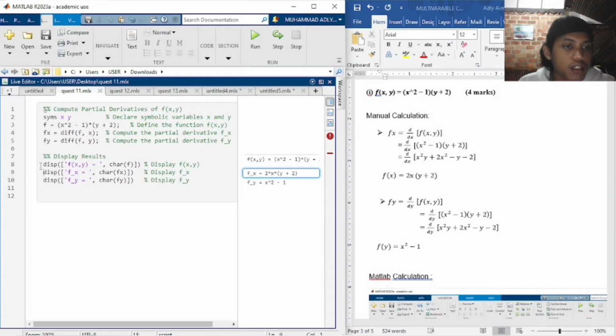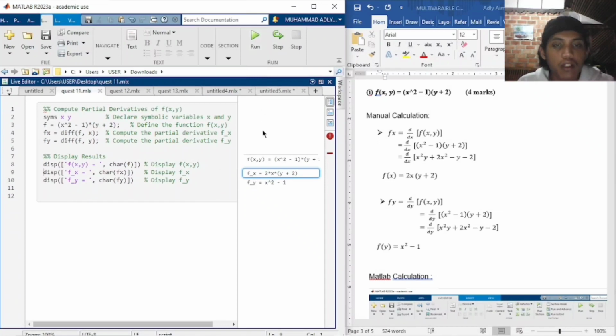The first command is display fxy with char f to display the question. Then we put the command display fx with char fx to display fx, and also display fy with char fy to display fy.